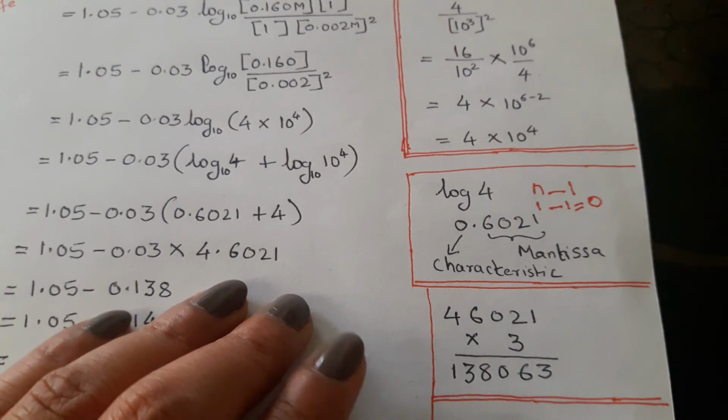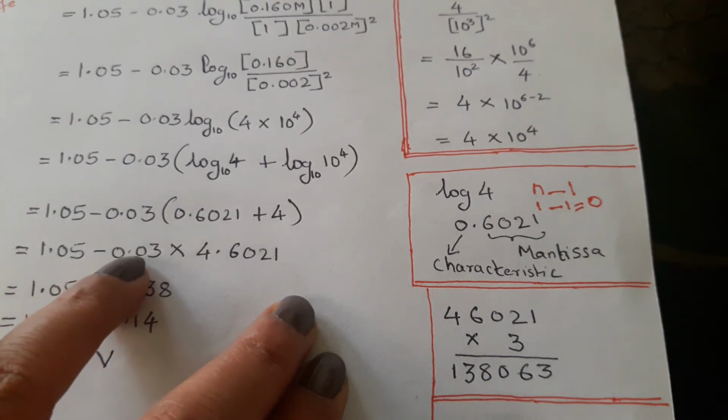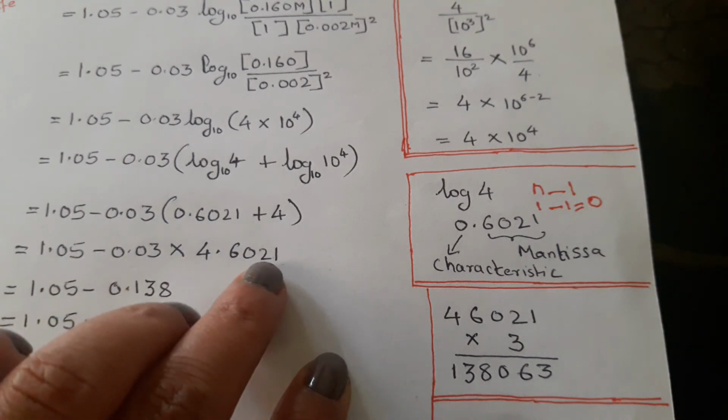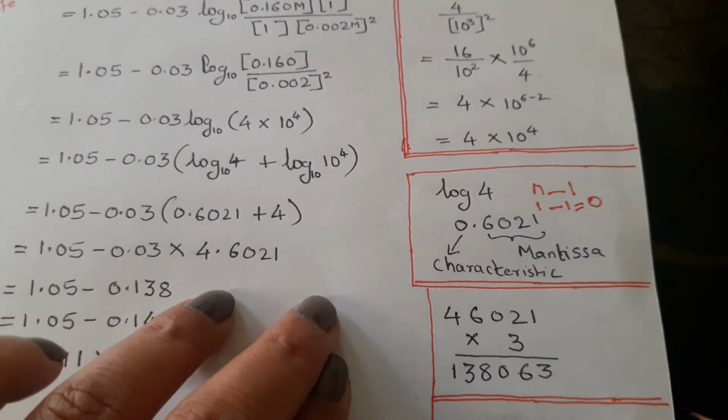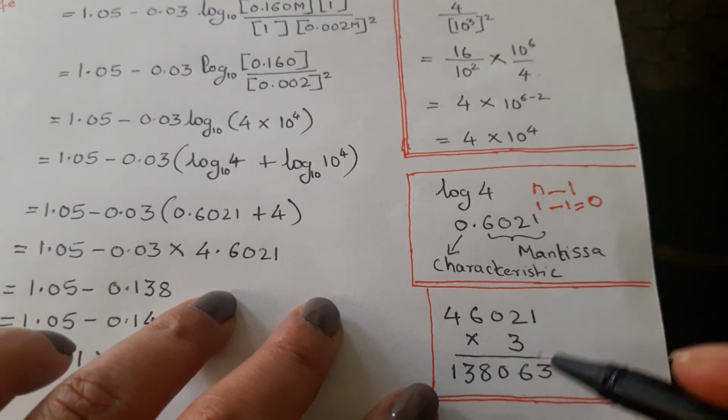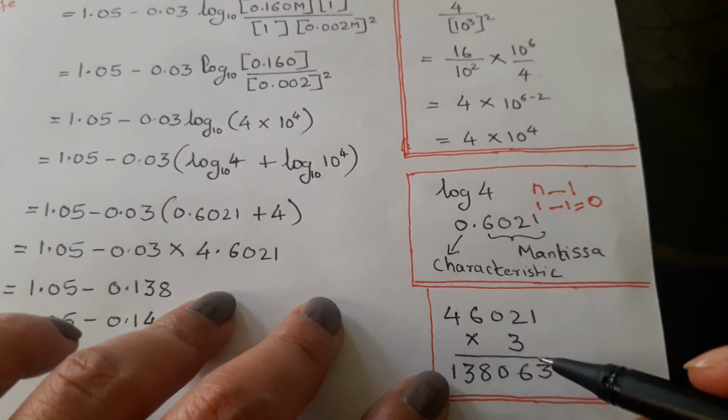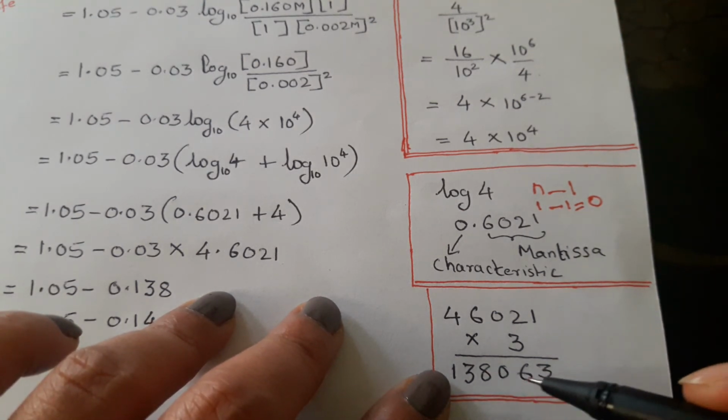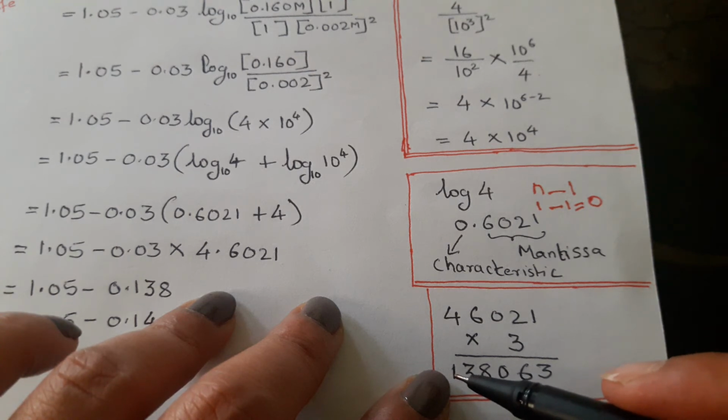After multiplying, we need to see how many numbers there are after the decimal. So 1, 2 and here 4. So it becomes a total of 6. So we have to make sure that in our answer also there are 6 numbers after the decimal. So here 1, 2, 3, 4, 5, 6.